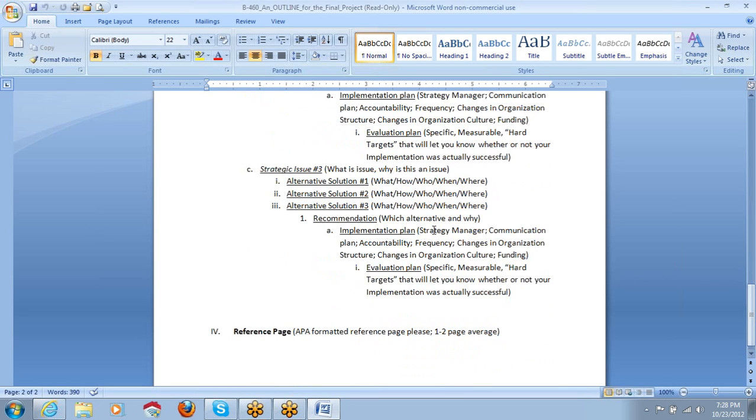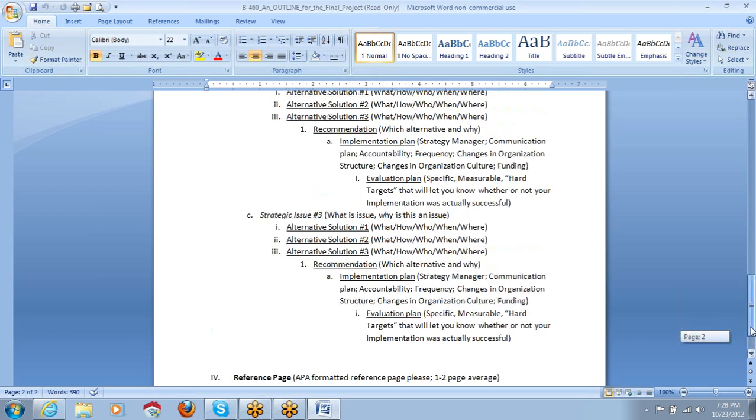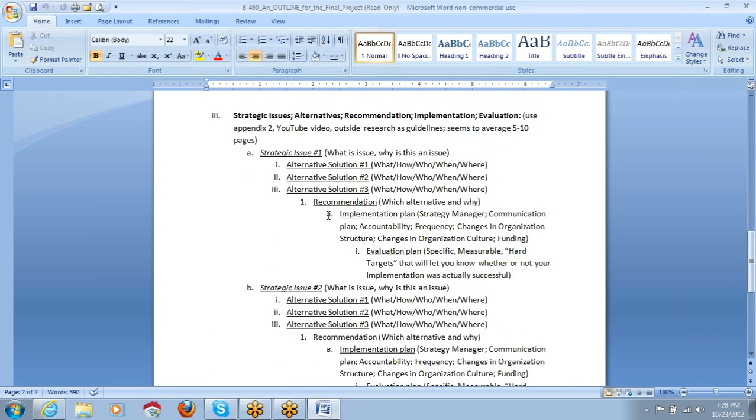And week 6 is also strategic issue 3, alternative solution 1, alternative solution 2, alternative solution 3, and recommendation. That's week 6.